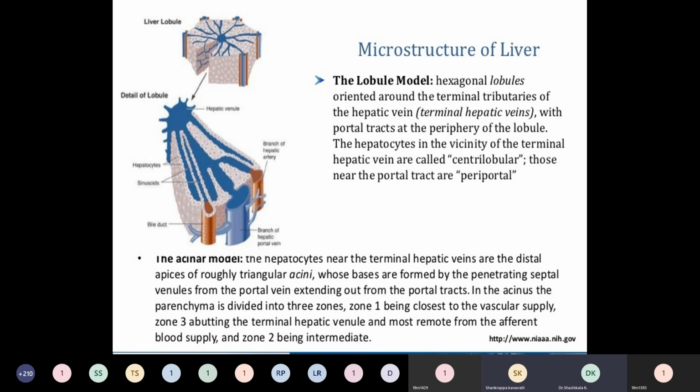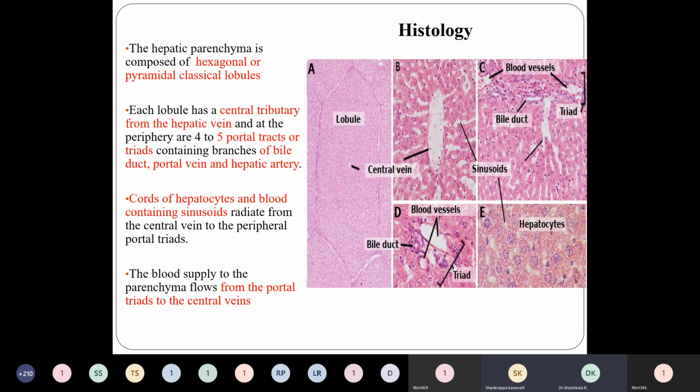So now coming to the different zones of the liver. Before that, let's learn about the histology. In the histology, you can see the photomicrograph showing the hepatic parenchyma, which is composed of hexagonal or pyramidal classical lobules, and each lobule has the central tributary to the hepatic vein, and at the periphery are 4 to 5 portal tracts.